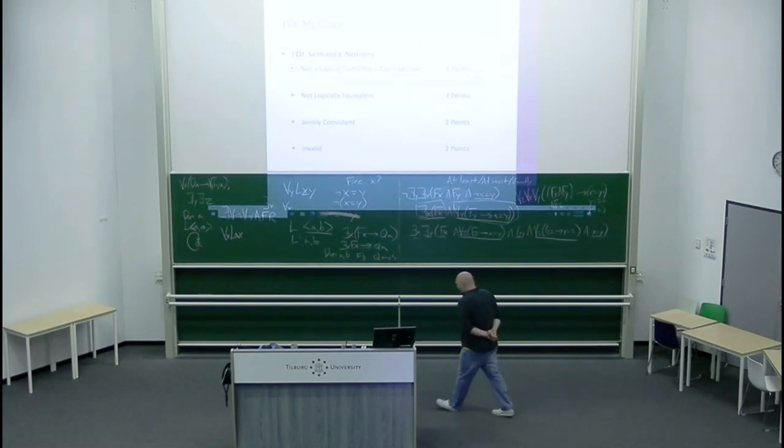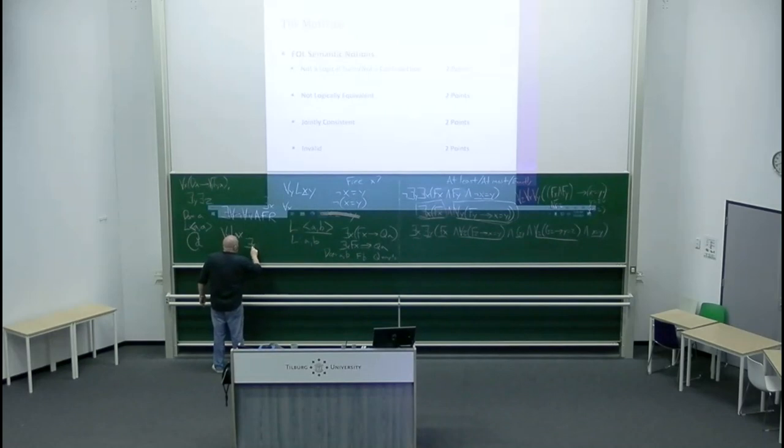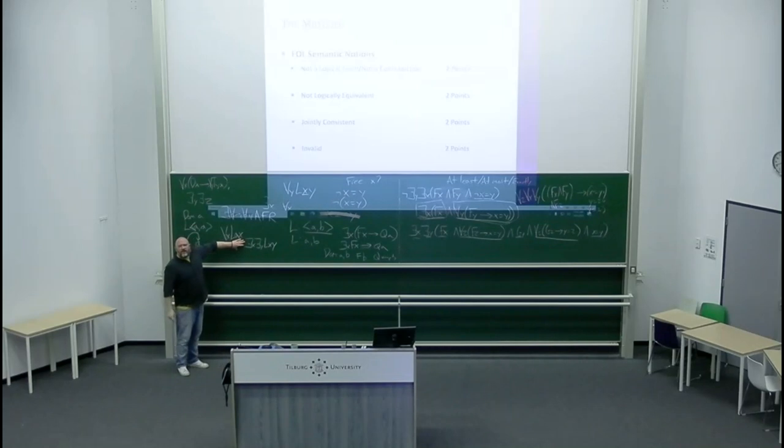So here's another one, a very simple one. Here's an FOL sentence. Let's make an interpretation that makes it true. What's a very simple interpretation that makes this sentence true? Well, x and y will never be in our domain, because x and y are always variables.